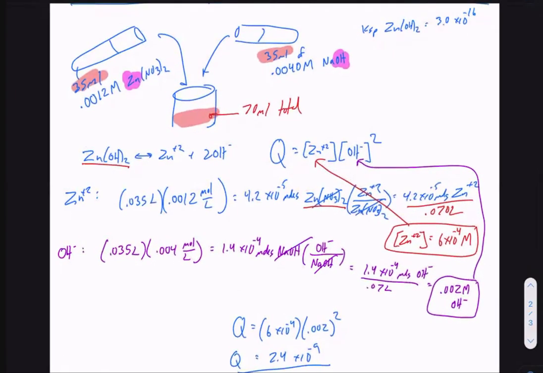All right, decision time. Do we see it precipitate? There's a big difference. It's not even close. Was that a yes or a no?